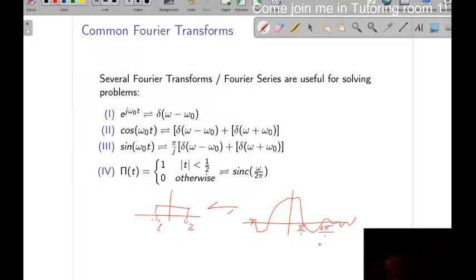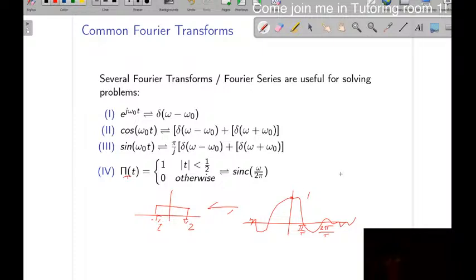I'm writing the over 1 here because we could replace that by a rectangle with a different period t. Then the zeros would be at multiples of 1 over t. And this is valued 1 there at the top.